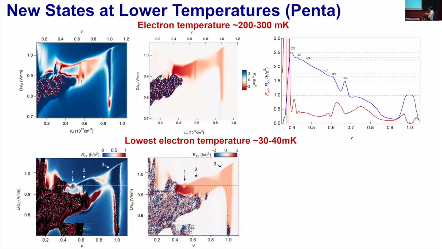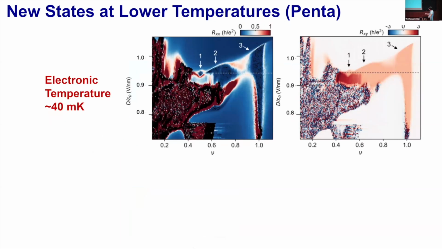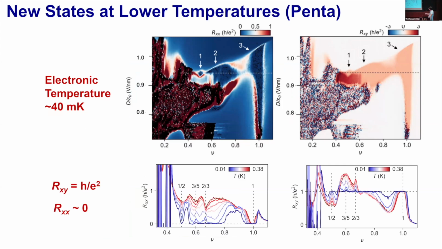So if you do a line cut along this dashed line here, at this specific displacement field, you are going to get RXY of h/e² almost across the board, from filling factor 1/2 to filling factor 1 in this device. Yeah, there are small gaps, right? You can see even here, there's some small gap between region 2 and region 3, and maybe a small gap between region 1 and region 2.